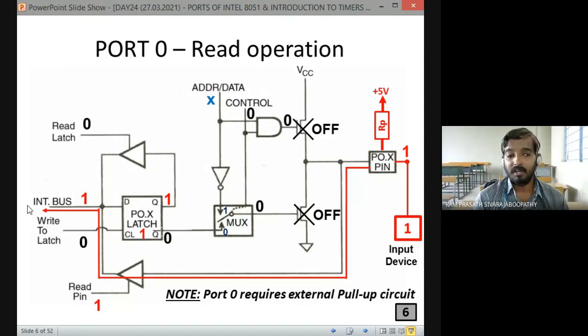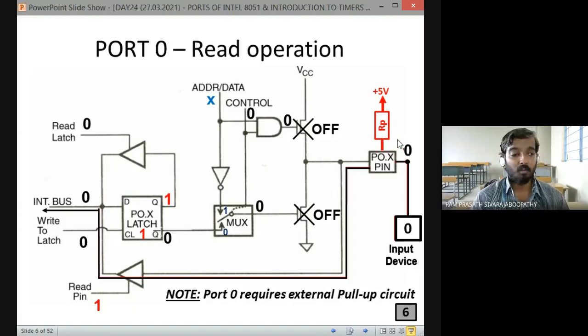Suppose when you are reading, if your input device is providing logic 0, what is going to happen? What data comes in? Automatically 0 only, irrespective of the pull-up circuit. A pull-up circuit can be pulled low by connecting the pin to ground. So who is dominating here?